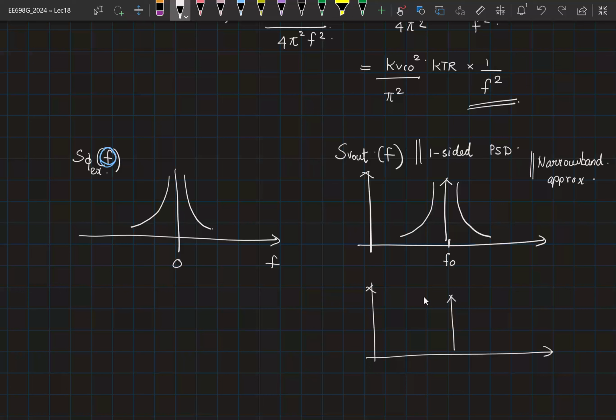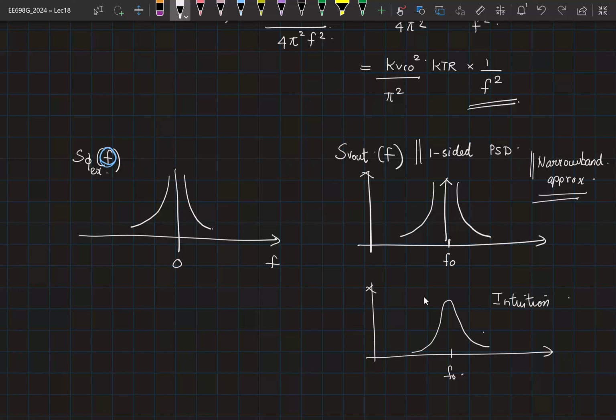Now if the clock has jitter, the period is changing from one cycle to the next, very slowly, such that on an average the period is t0. Then we said that intuitively the power is now getting distributed around f0. This is the result based on our intuition, but this is the result that is coming out of the math. Is the confusion clear?